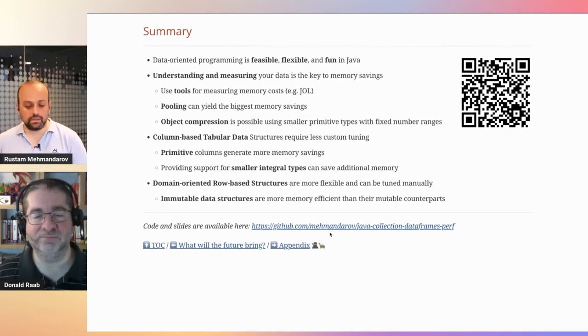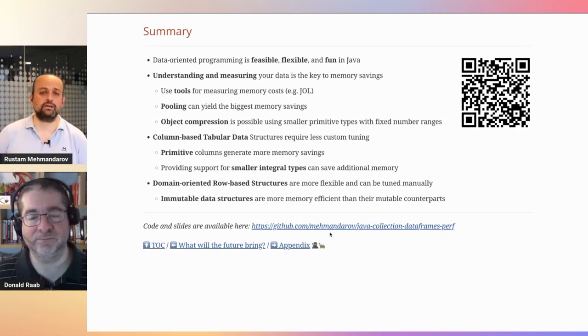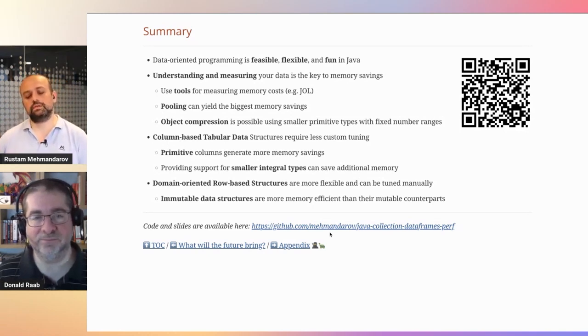When it comes to the domain-oriented approach, we should think about how it can be tuned manually, because here you need to know your data, how it's put together, and where you can cut things. One of the most low-hanging fruits is to convert things into immutable data structures after you're done working with them. Put it into immutable data structures and leave them there, because it will give you a better memory footprint.